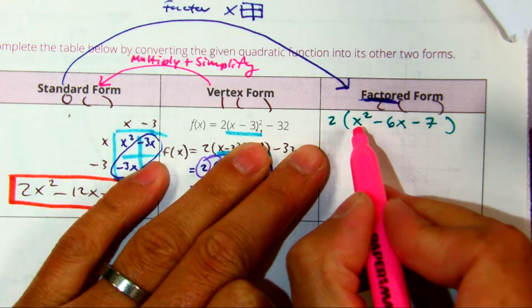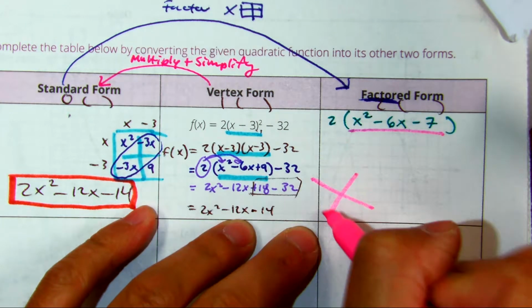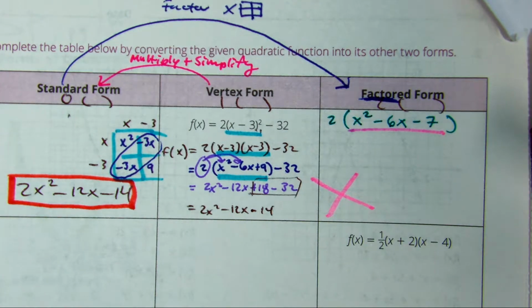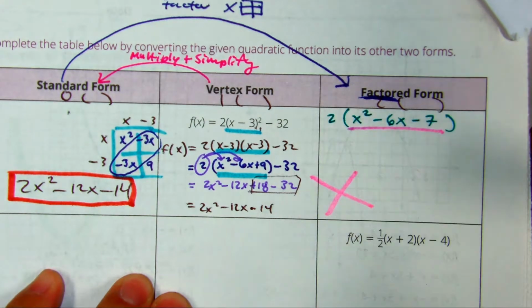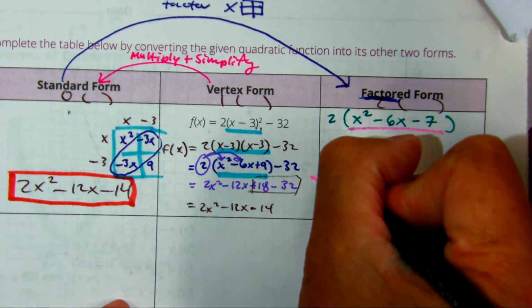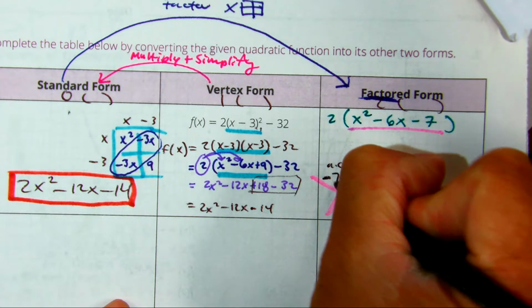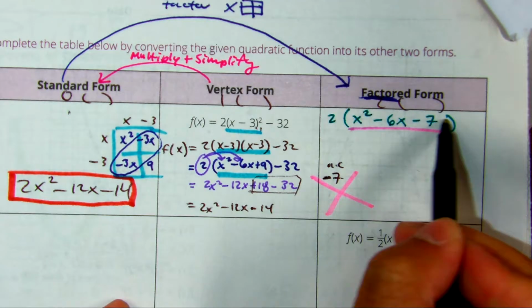Let's factor this. I'm thinking to myself, inside the parentheses in pink, what is my A and C value? What's A times C? Negative 7. And what's my B value in here? Right?